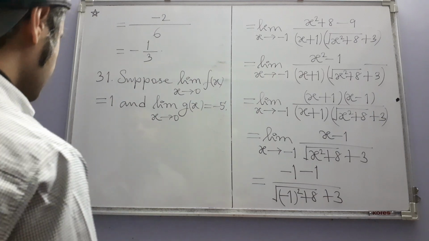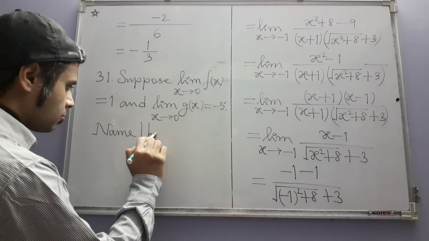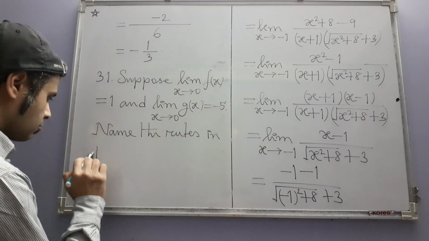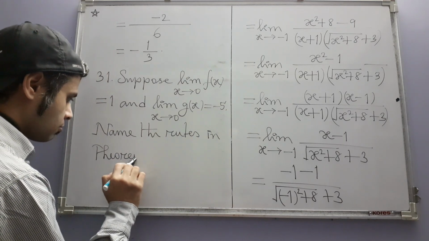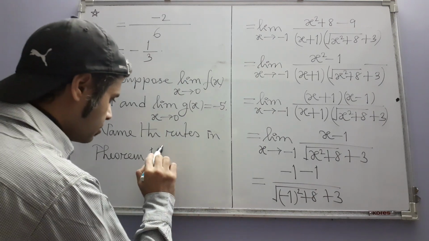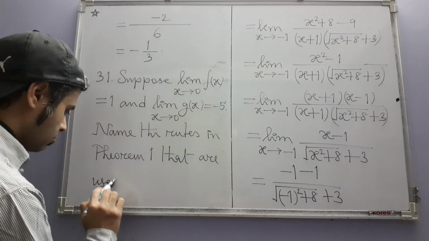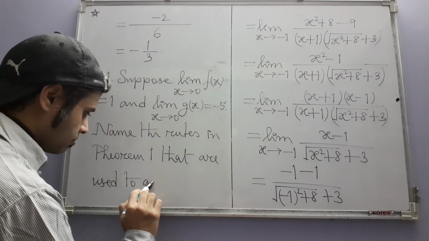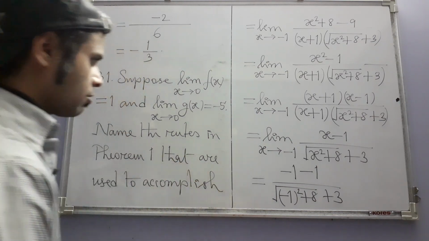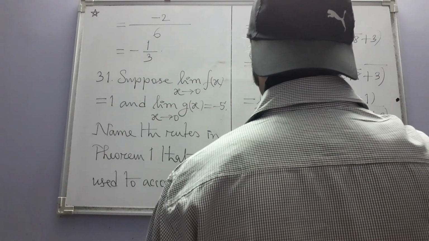Name the rules in theorem 1 that are used to accomplish some steps in a calculation, which we will now write.